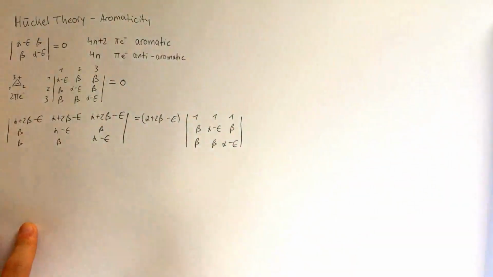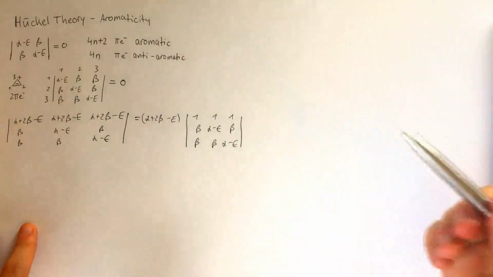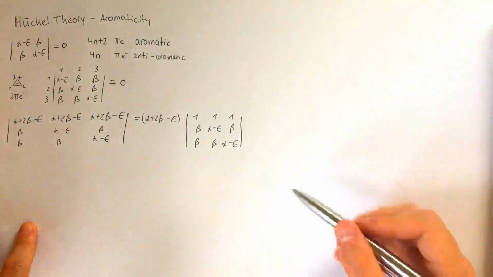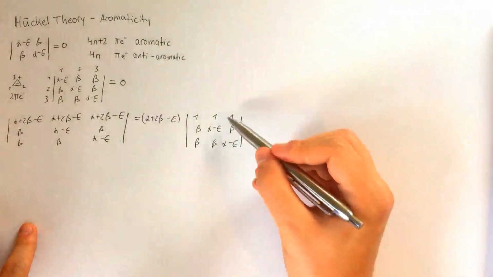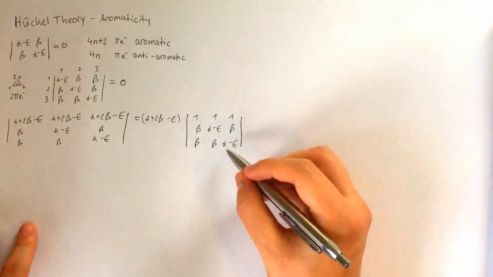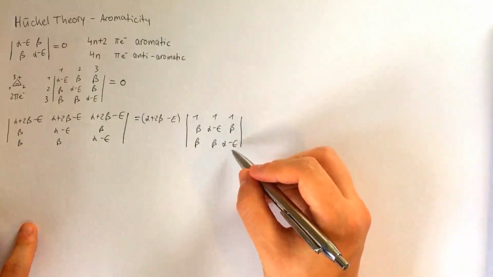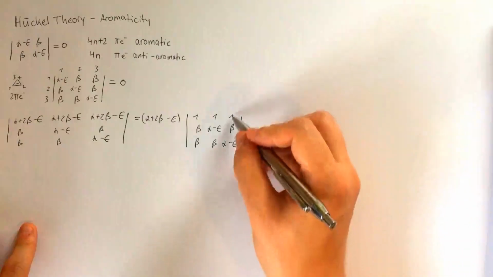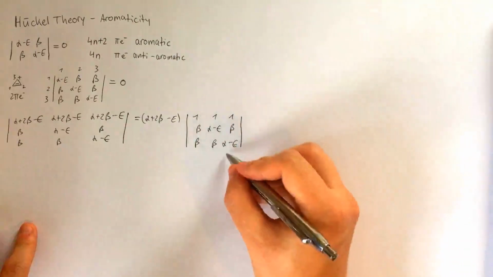Okay, next up, what we want to do is simplify the determinant a bit further, and an easy way to do it is to get rid of the ones which we find here. So we could, for example, take this row or column minus this column.